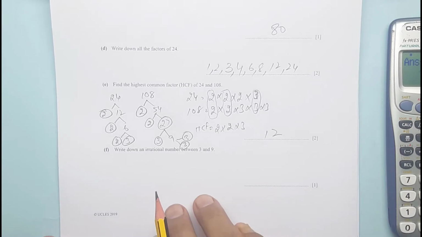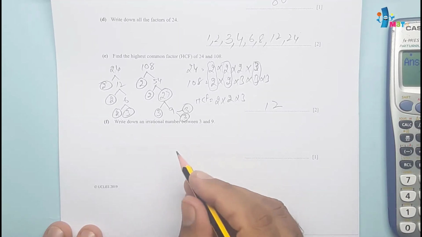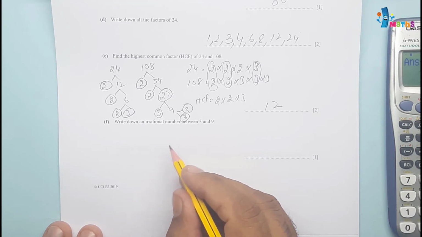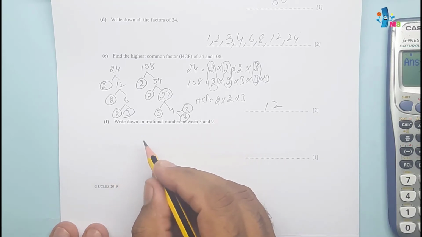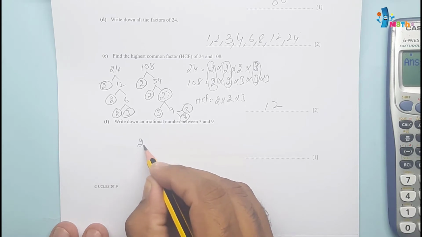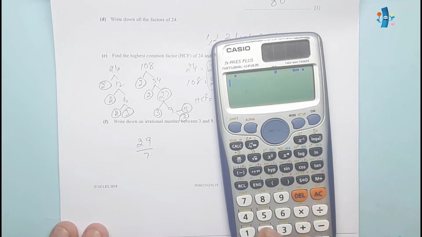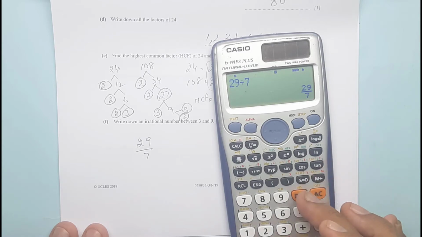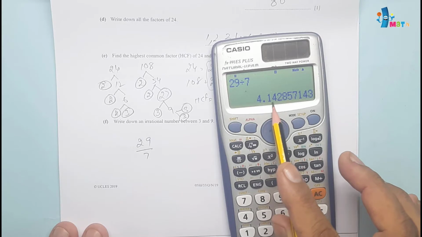Similarly, next part: write down an irrational number between 3 and 9. It should be in fraction form. For example, if we take 29 over 7, 29 divided by 7, this will be the fraction, and this will be in between 3 and 9.